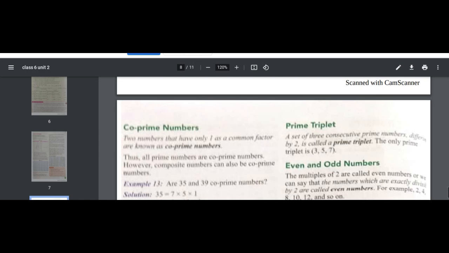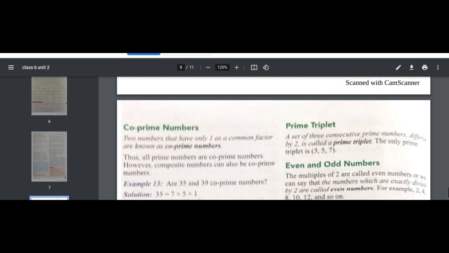It shows that you both like the same things. So if we have any numbers, whether composite or prime, and 1 is present as a factor in those numbers, that means those numbers are co-prime numbers, okay?